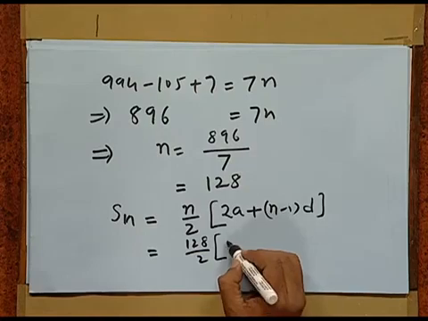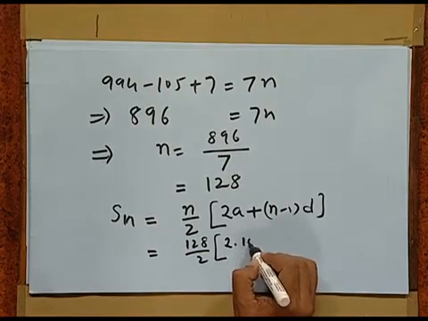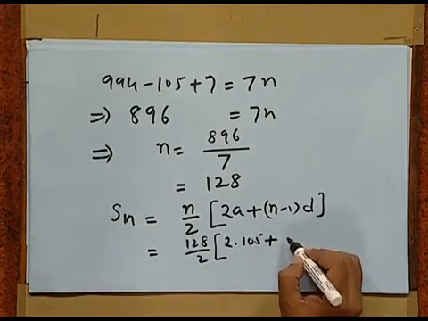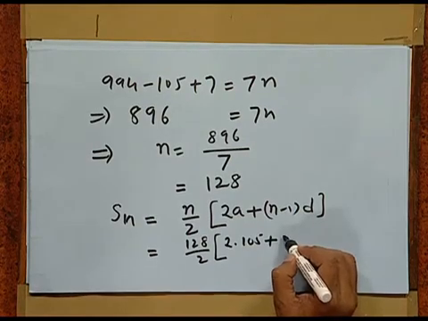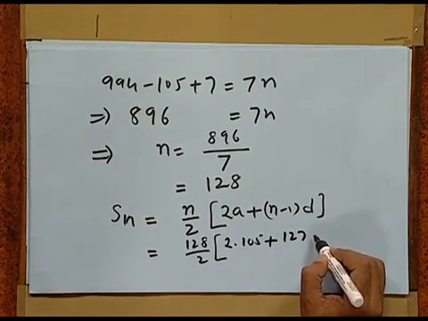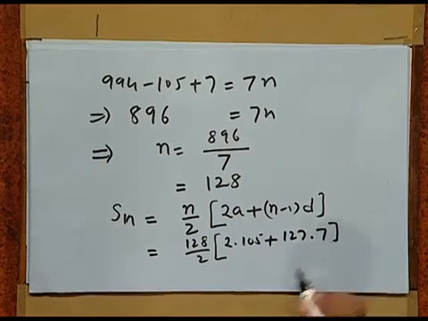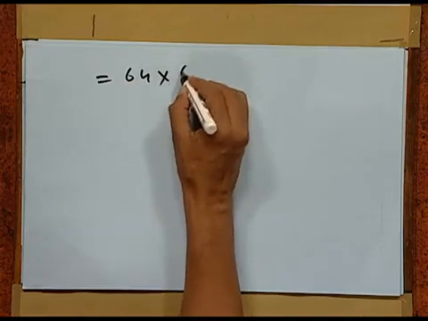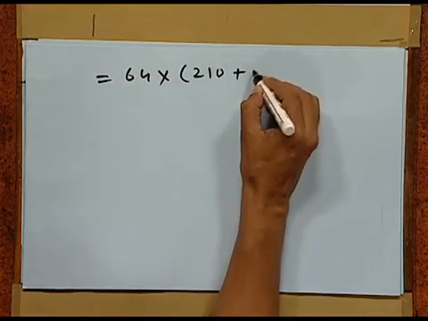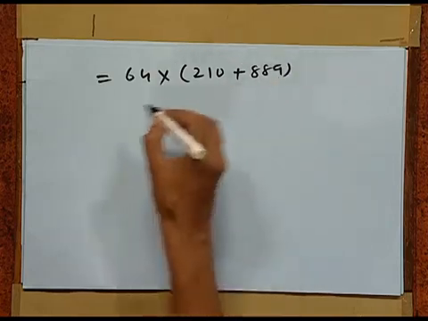Our a was 105, so it is 2 times 105 plus n was 128, so it is 127 times d was 7. That equals 64 times 210 plus 889.